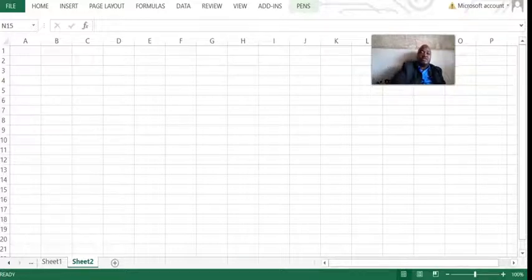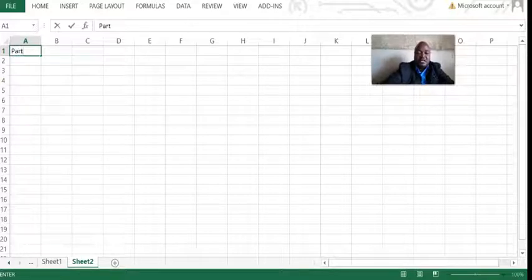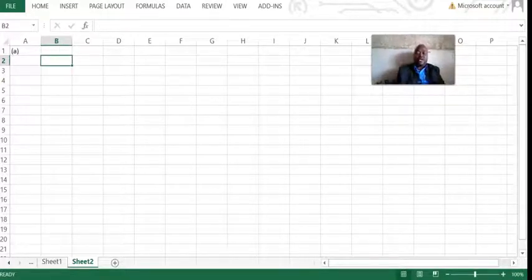So for part A, let us indicate the part so that you can just say A, so that the examiners will see that that was for A. You can as well write the question number. We just have to come up with a decent table.